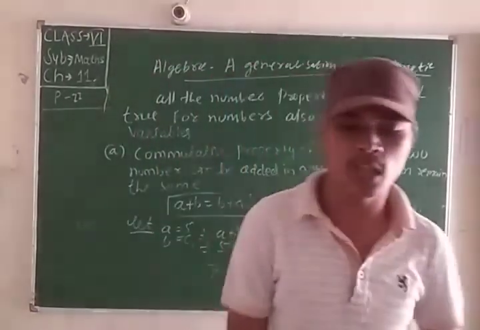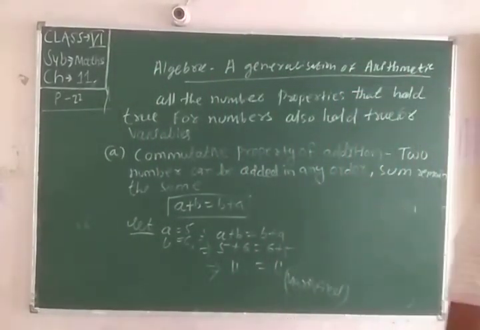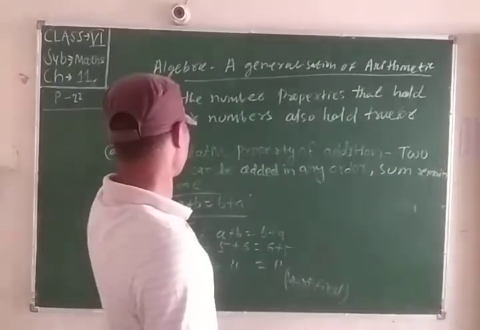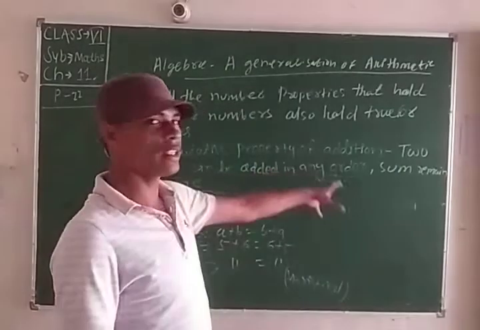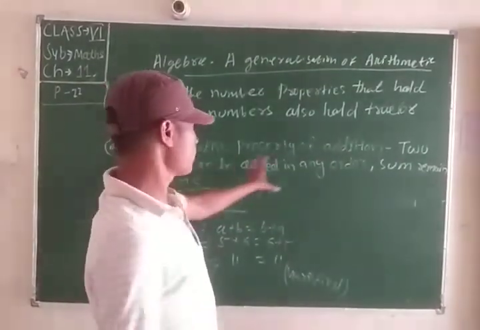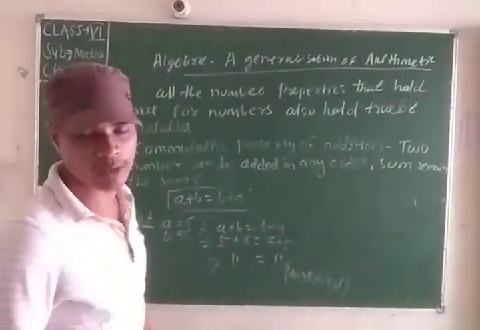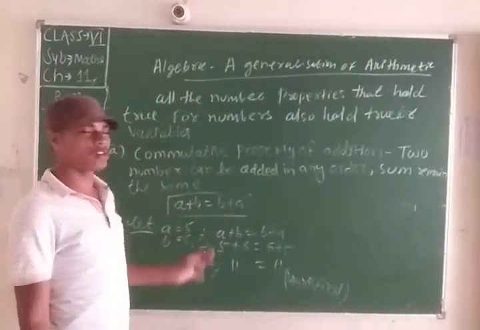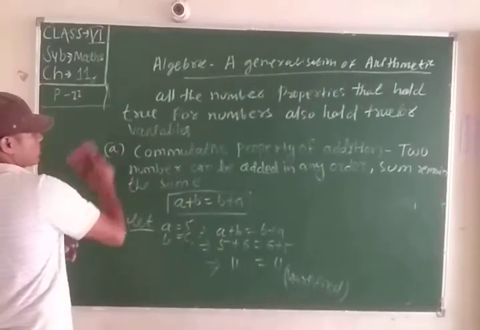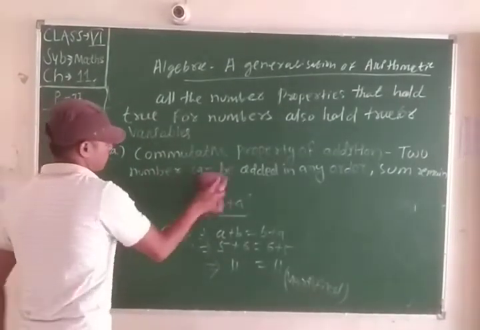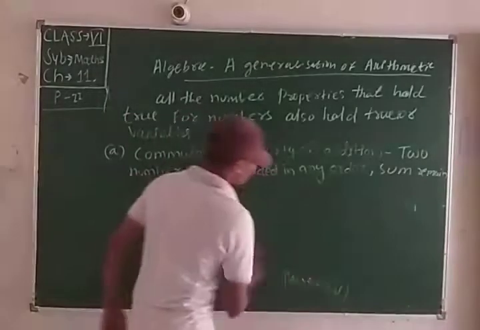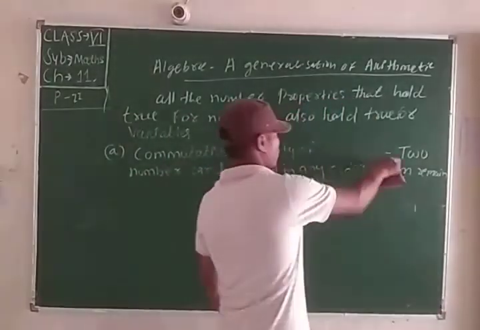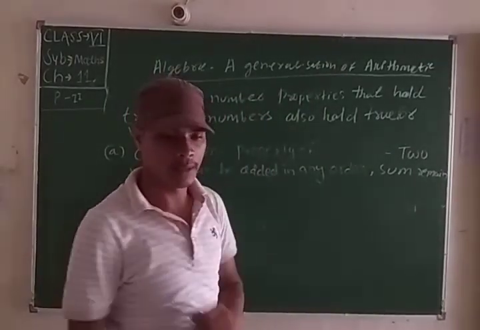Now we learn the commutative property of multiplication. The rule is the same as addition, but here the numbers are multiplied.